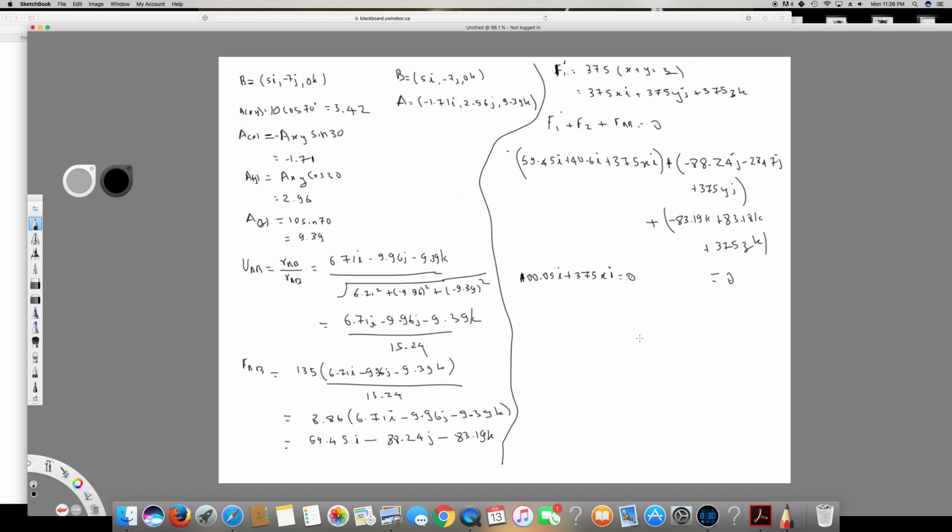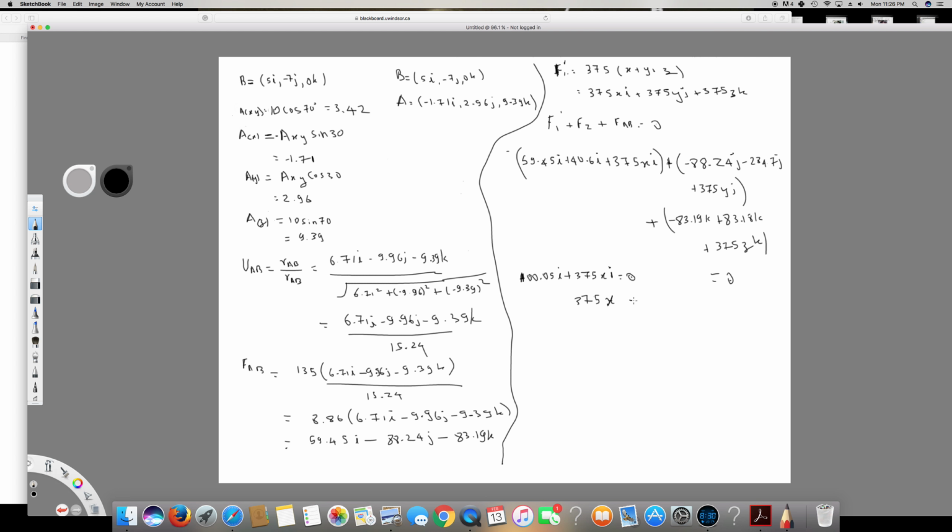In order to find the x component, I have to separate this 375x value and bring it to the other side. Let's get rid of the I, j, k signs and find the x, y, z values.